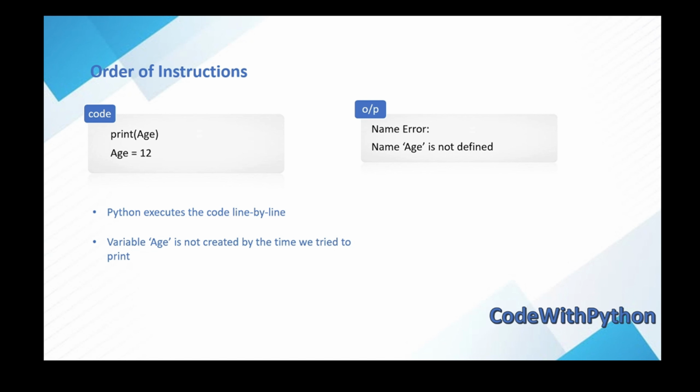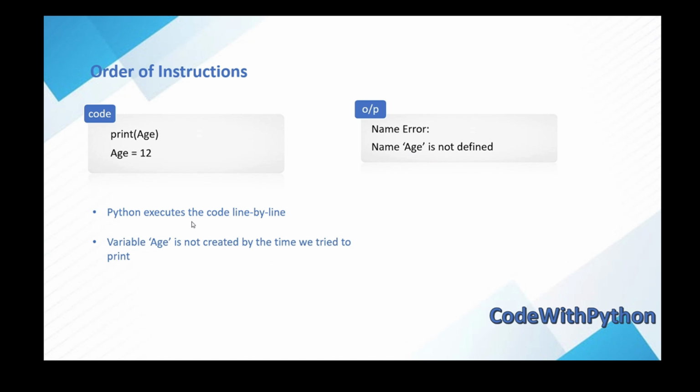So here the variable age is not created by the time we try to print. Print age will search for the age variable, there is no age defined, so it will get a name error: name age is not defined.